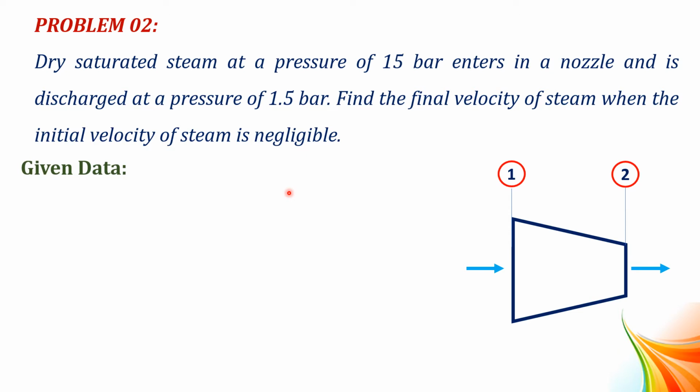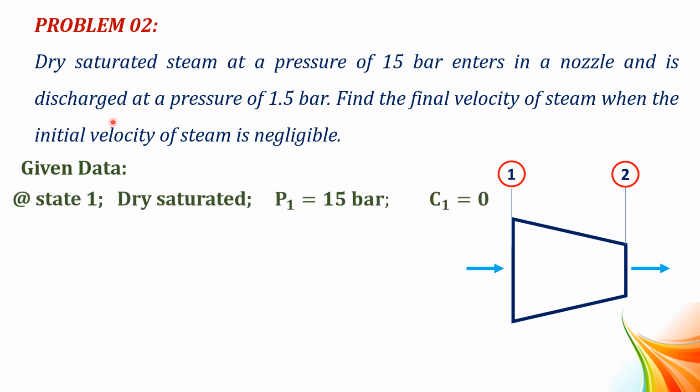Next we have to write the given data. The steam is initially dry saturated and at a pressure of 15 bar. So initial pressure P1 equal to 15 bar. Discharged to a pressure of 1.5 bar.